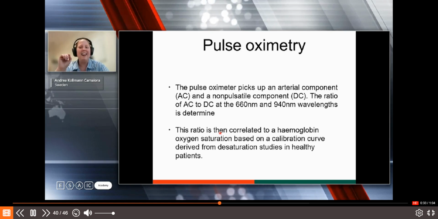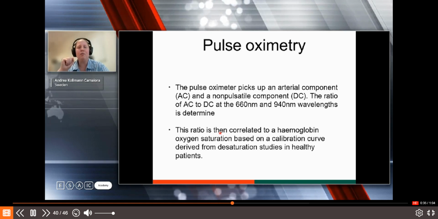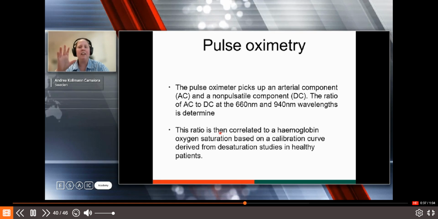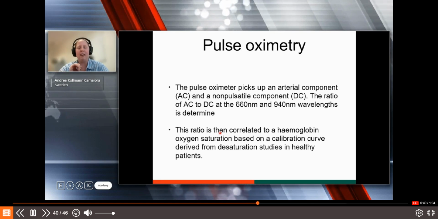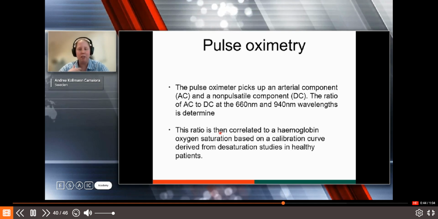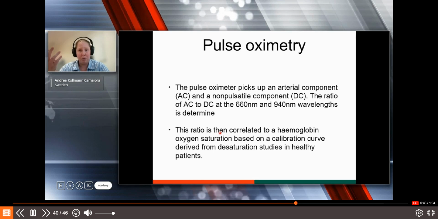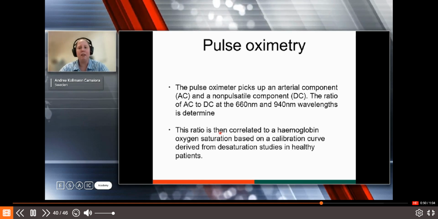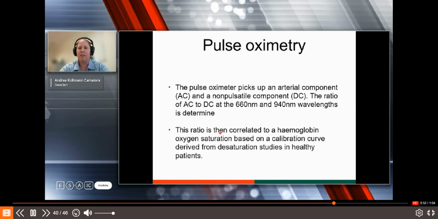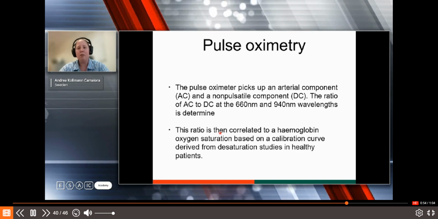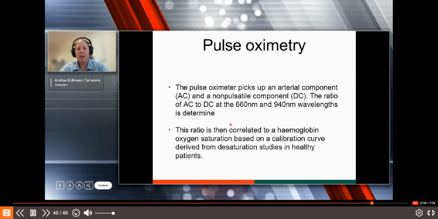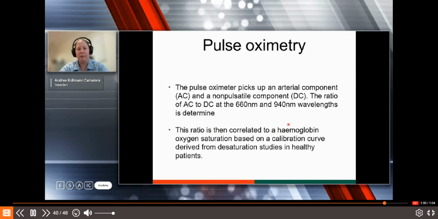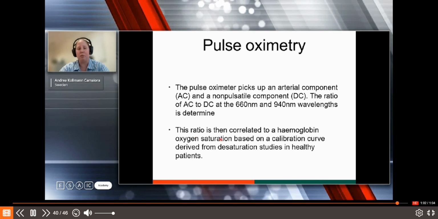So that's why under 70% oxygen saturation, it's not too well validated, because this is validated in healthy individuals and it's not ethical to kill them in order to validate our equipment. So under 70%, the validation is not as good. But over 70%, there is a good correlation to the hemoglobin oxygen saturation.